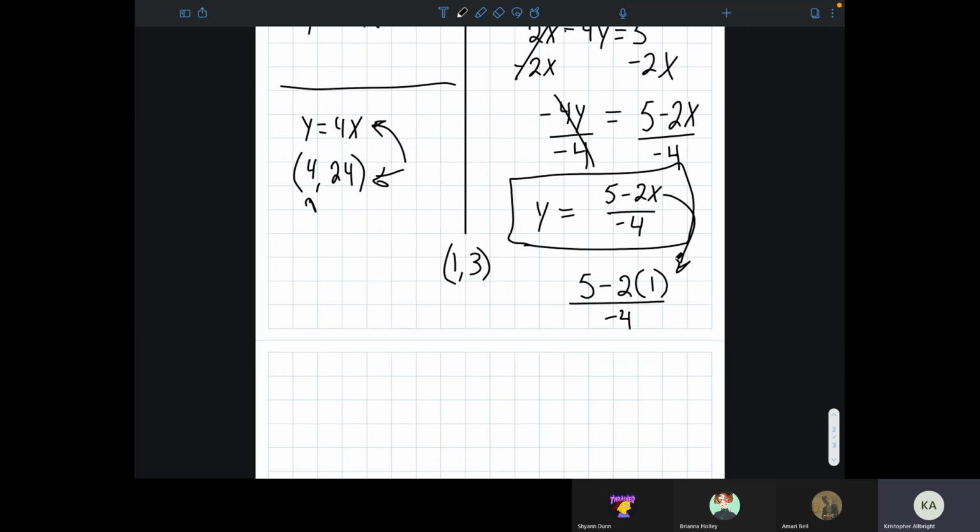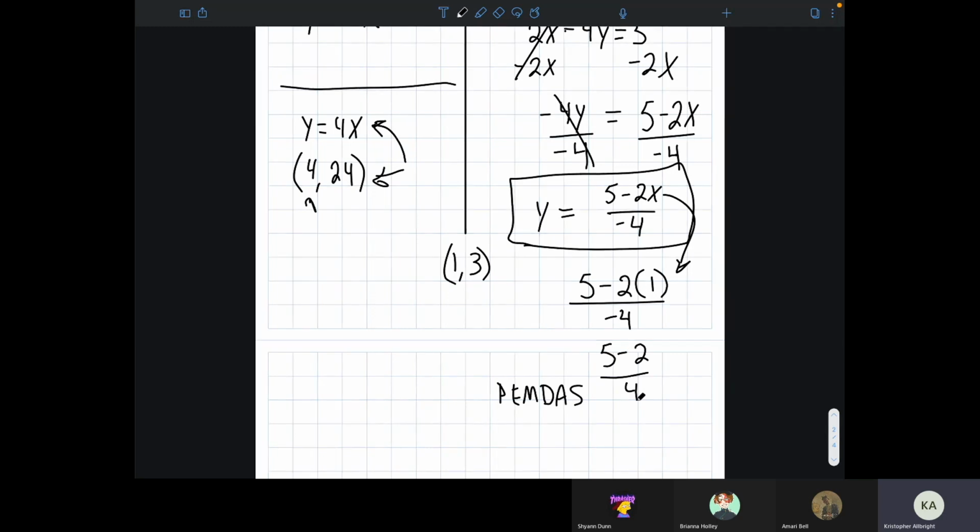So now we work this down. We do multiplication first because of our PEMDAS. So parentheses, exponents, multiplication. Well, all our parentheses are doing here is just multiplying. So when we multiply, we're going to get 5 minus 2 over 4.